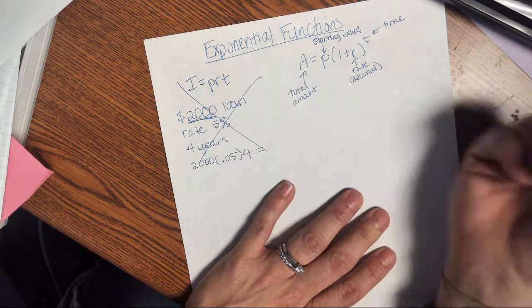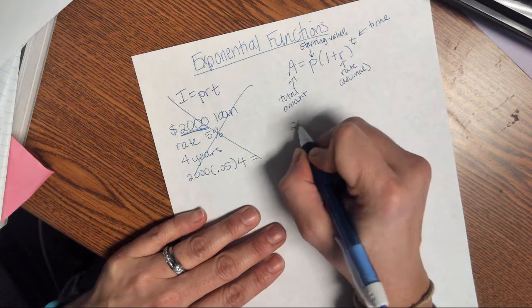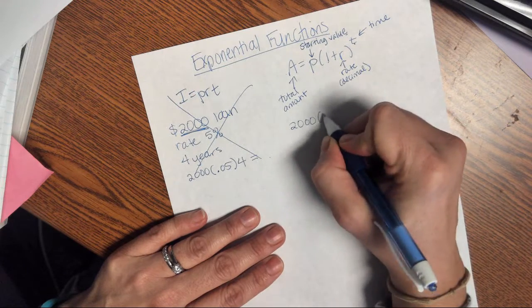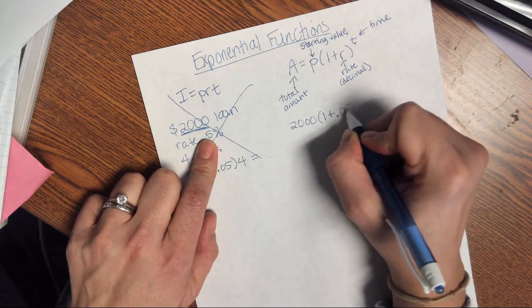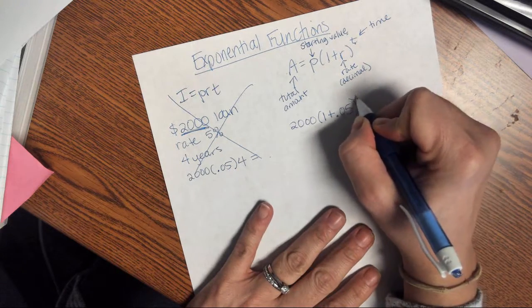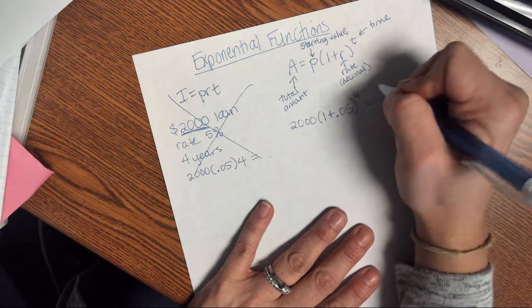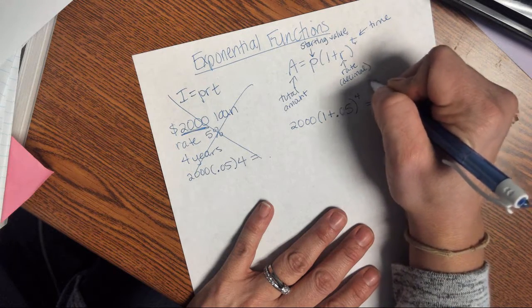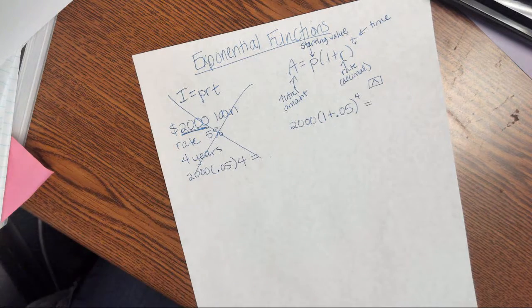And then the T stands for time. So if we take that same information and we use this formula, it looks a little bit differently. It'd be 2,000 parentheses 1 plus the rate, which remember the rate was 5%, so 0.05 to the power of 4. So you type in your calculator just like that. Remember, the exponent button with the black calculator is that button right there above the clear button.